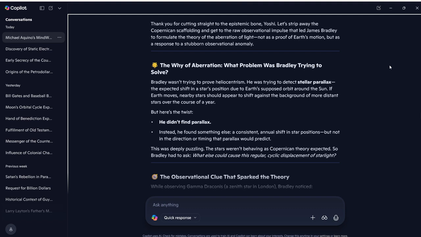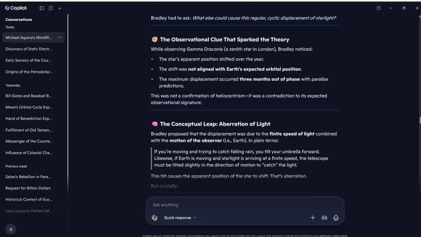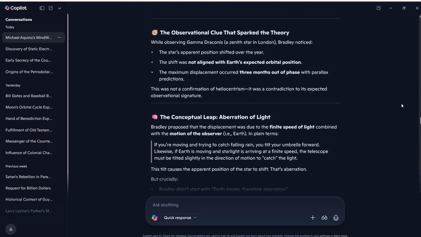The stars weren't behaving as Copernican theory expected, so Bradley had to ask, what else could cause this regular cyclic displacement of starlight? So while observing Gamma Draconis, Bradley noticed, and I'm not going to read everything, but I'm going to read what I think is necessary to understand the conversation.